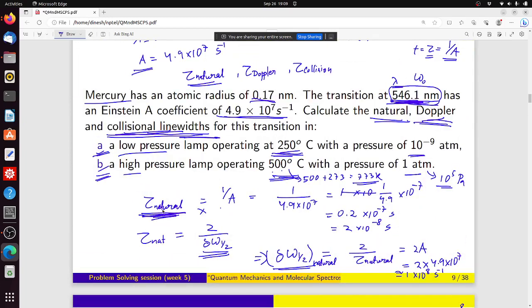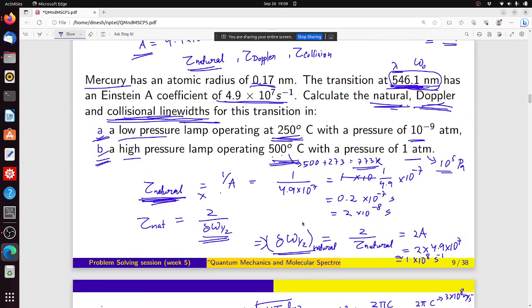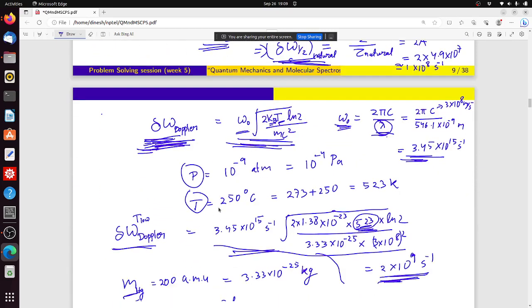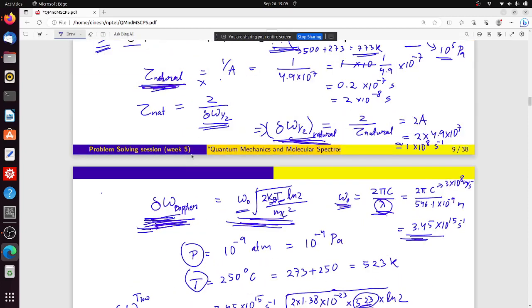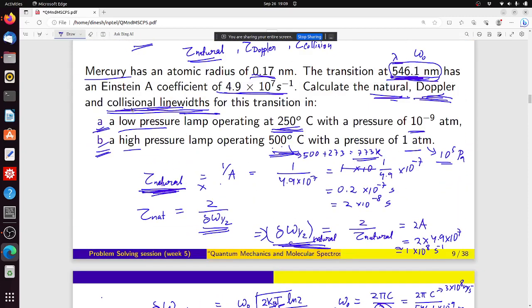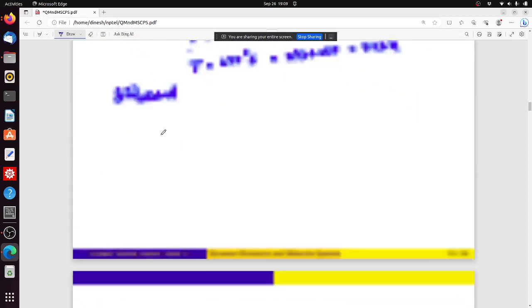Okay, so what we did, we calculated this natural wavelength here, and we calculated the Doppler wavelength here. Now we have to calculate the collisional wavelength.